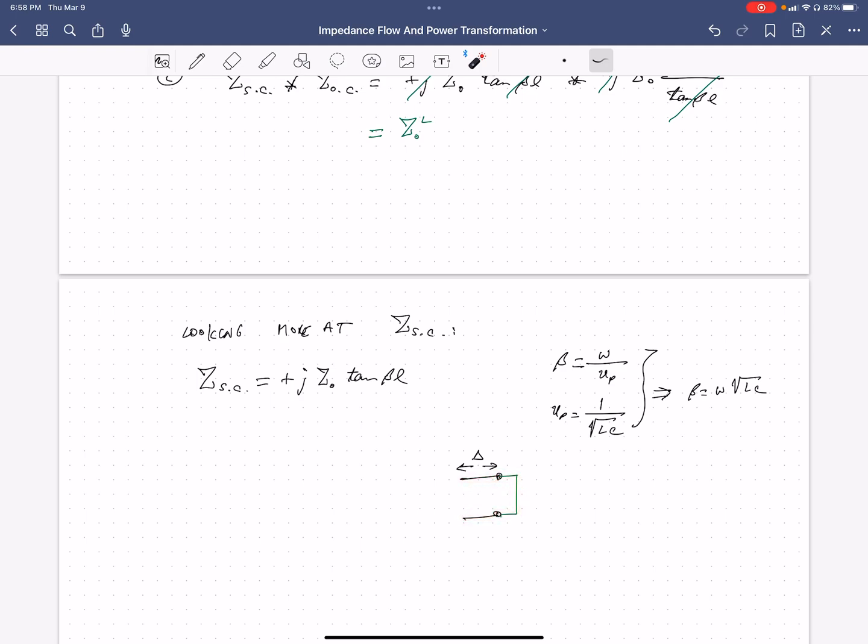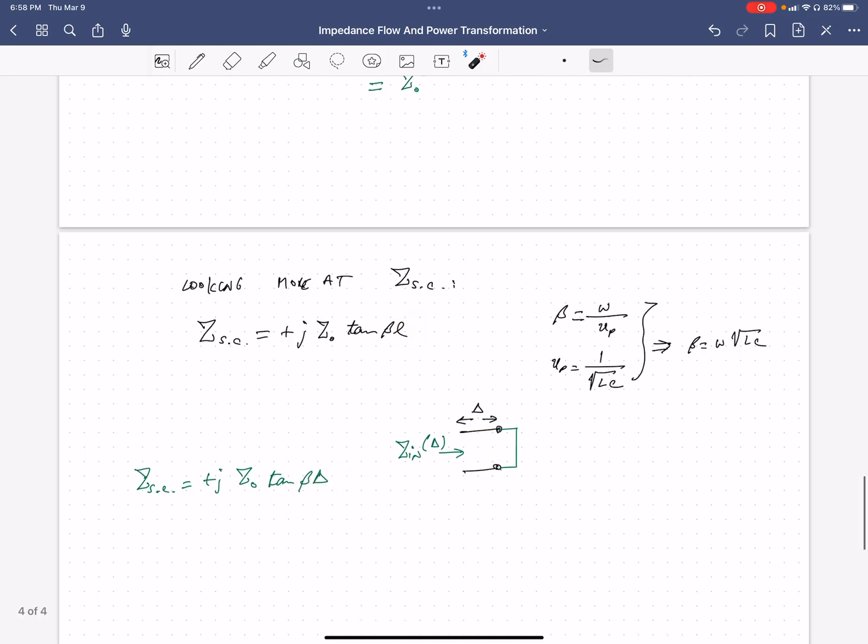You're looking at the input impedance into this at a length delta. So the short circuit is plus J Z0 tangent of beta delta, sticking delta in where L was, because the length is delta.